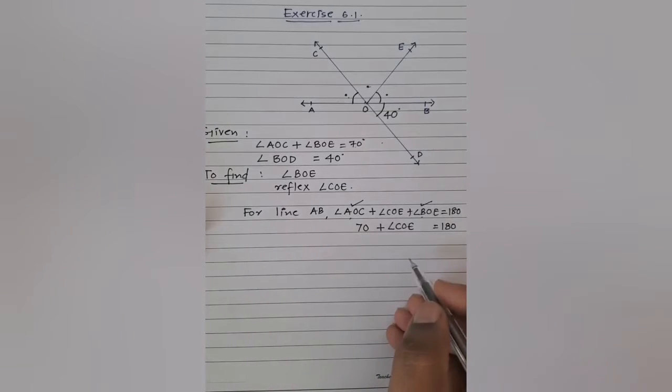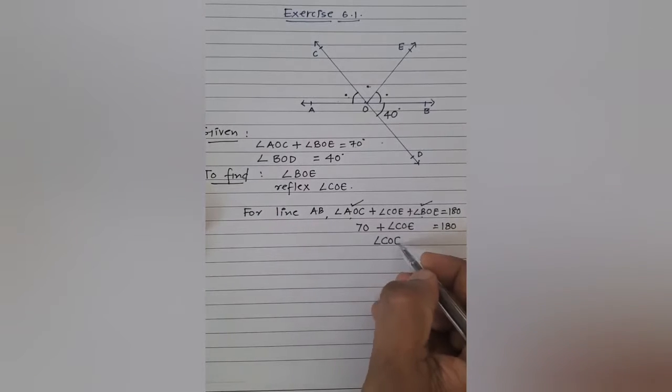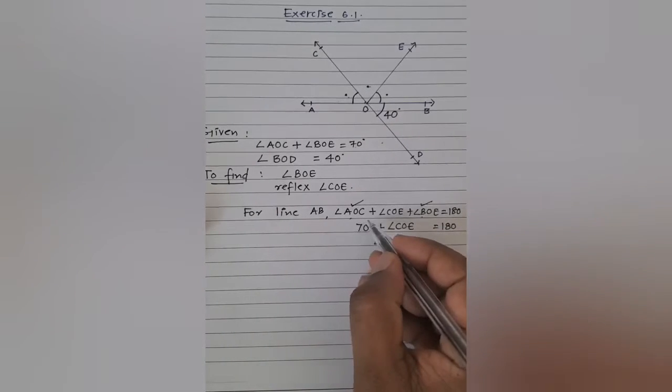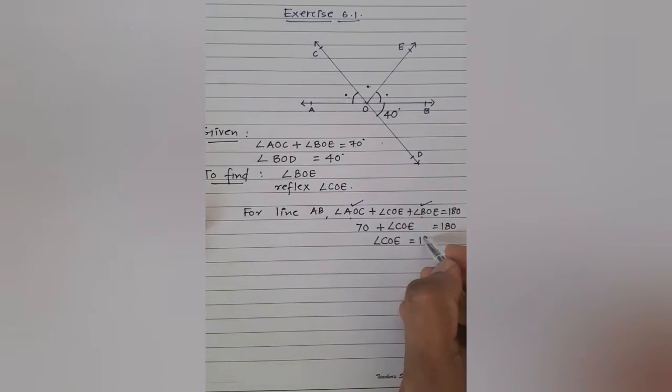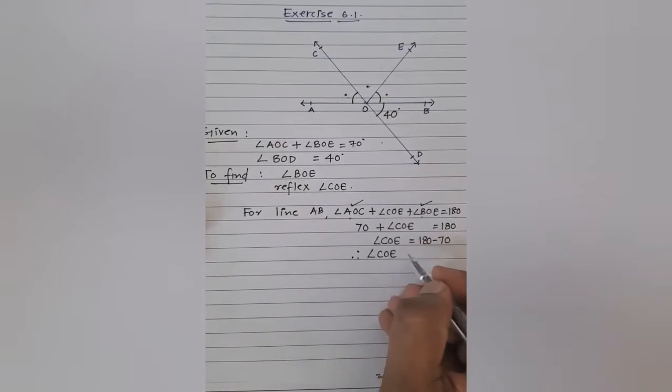Now, what shall we do next is to find angle COE. I bring 70 onto the other side, so this will become 180 minus 70.